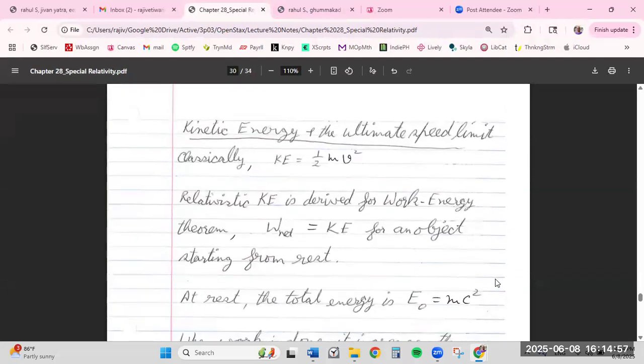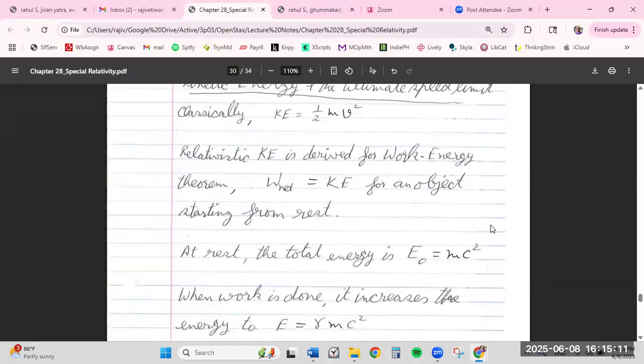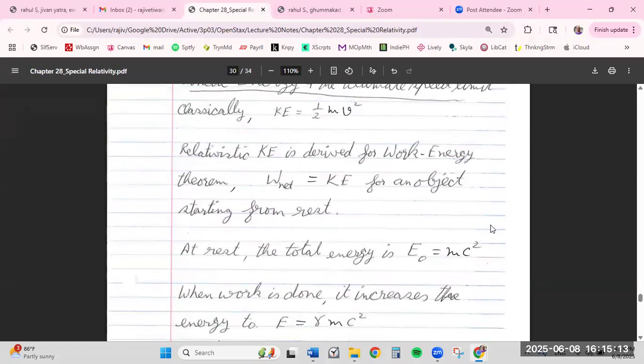Okay, if you focus on kinetic energy, classically we know the kinetic energy of an object of mass m moving at a velocity v is 1/2 mv squared. Relativistic kinetic energy is derived from the work energy theorem, which you will recall from first semester.